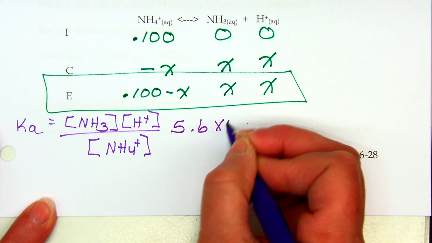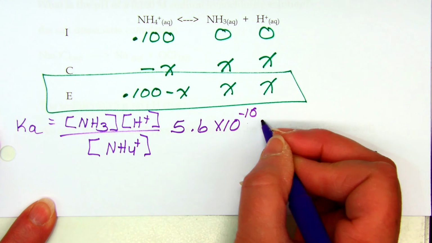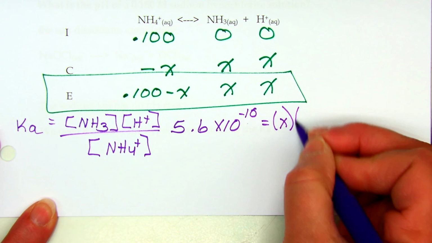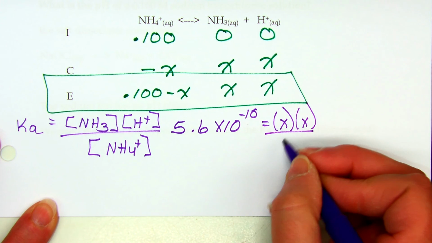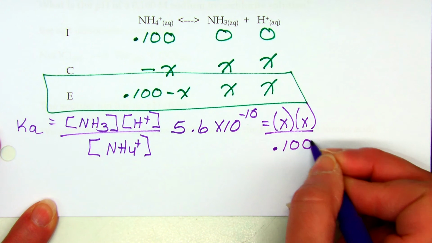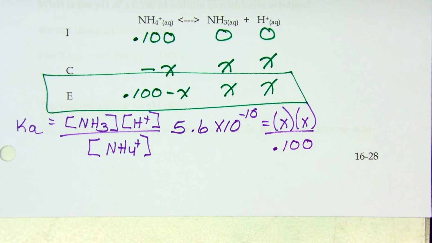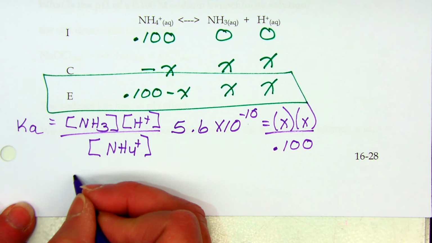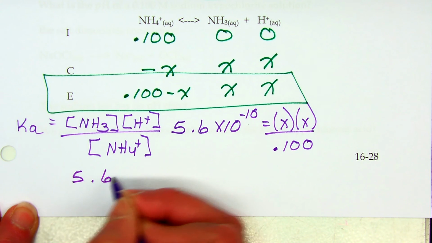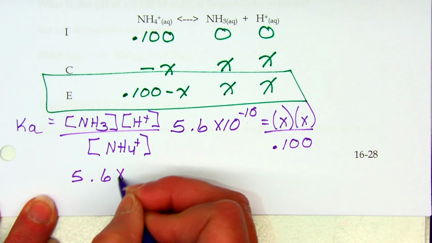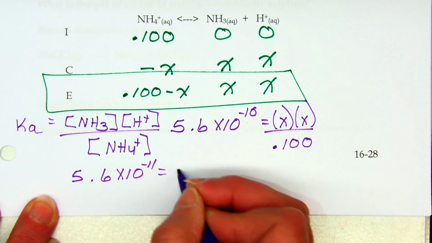5.6 times 10 to the negative 10th is equal to x times x divided by 0.1. Because K is 5.6 times 10 to the negative 10th, it's safe to assume x is small. So when we multiply, we get 5.6 times 10 to the negative 11th is equal to x squared.